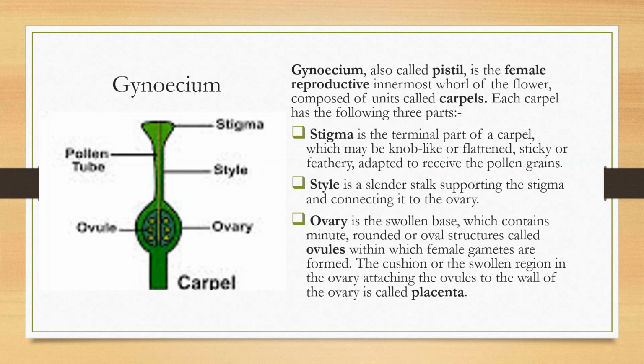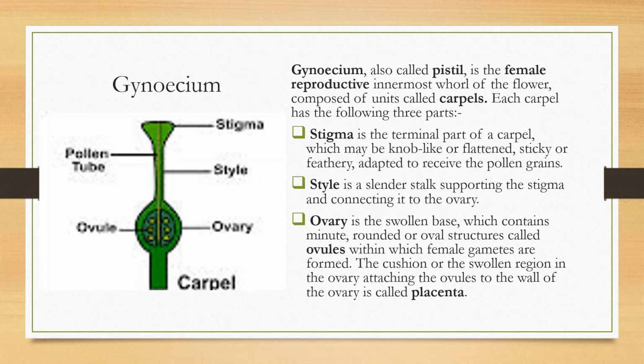First part is stigma, which is the terminal or tip of the carpel, which may be a knob-like structure, flattened structure, disc-like structure, sticky or feathery, or maybe having many lobes in it, or maybe having 4 to 5 lobes or 2 lobes. It differs from flower to flower.